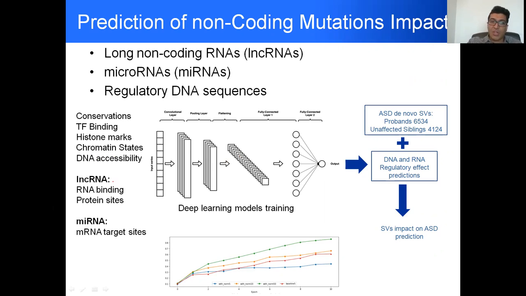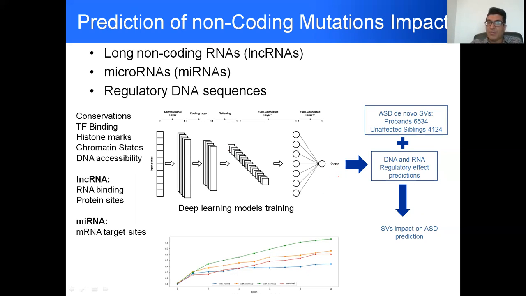On top of that, for long non-coding RNAs, we use the RNA binding protein binding sites, and for microRNAs, we use mRNA target sites. We use some convolutional layers and pooling, and where necessary, batch normalization and dropout layers. At the end, we use a fully connected layer which is shared across all the features.